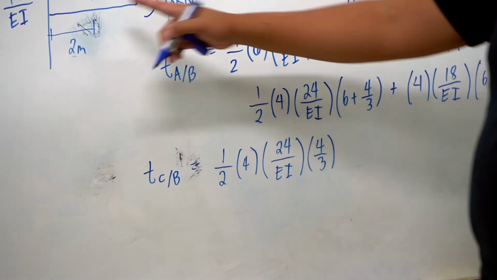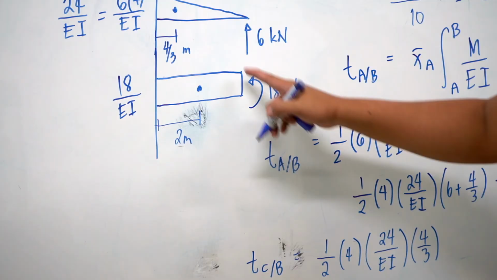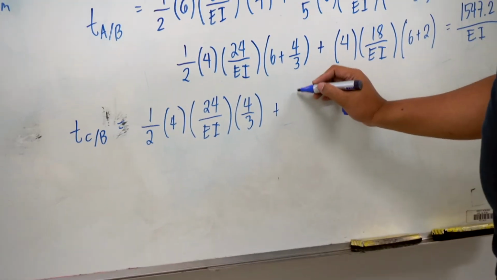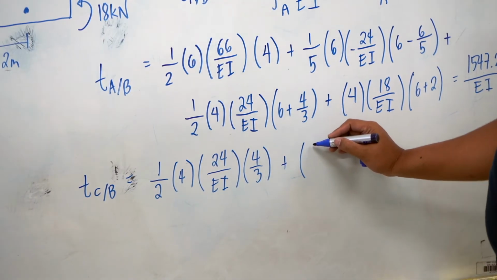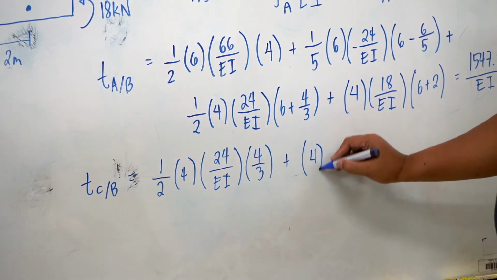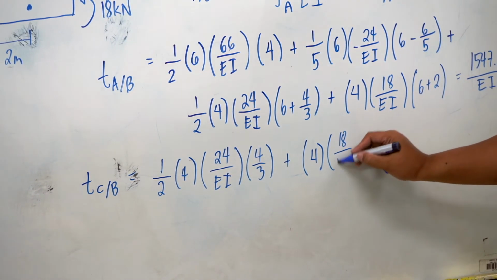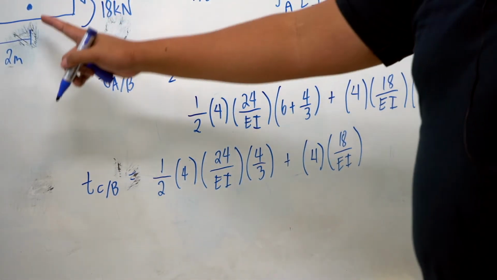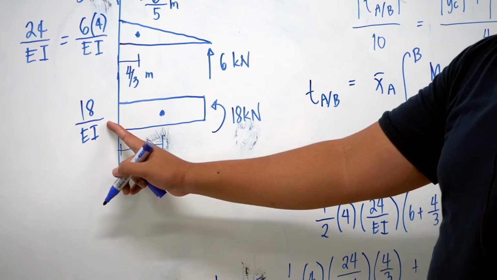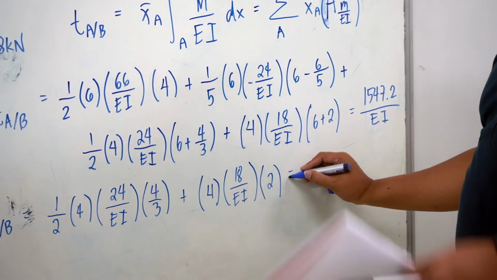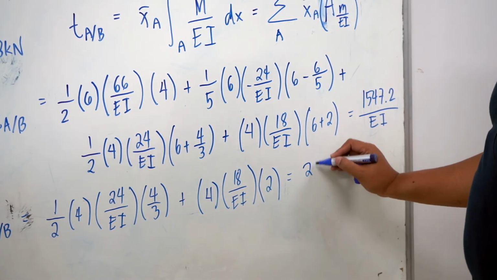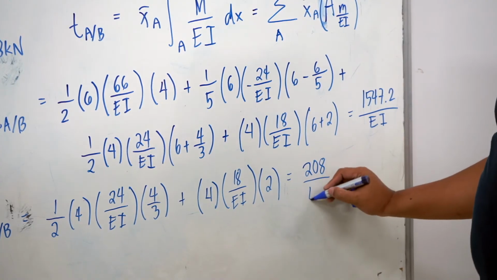And then this area is also between B and C. The area of this is 4 times 18 over EI, times the centroid from C, so that is 2 meters. So we should get a value equal to 208 over EI.